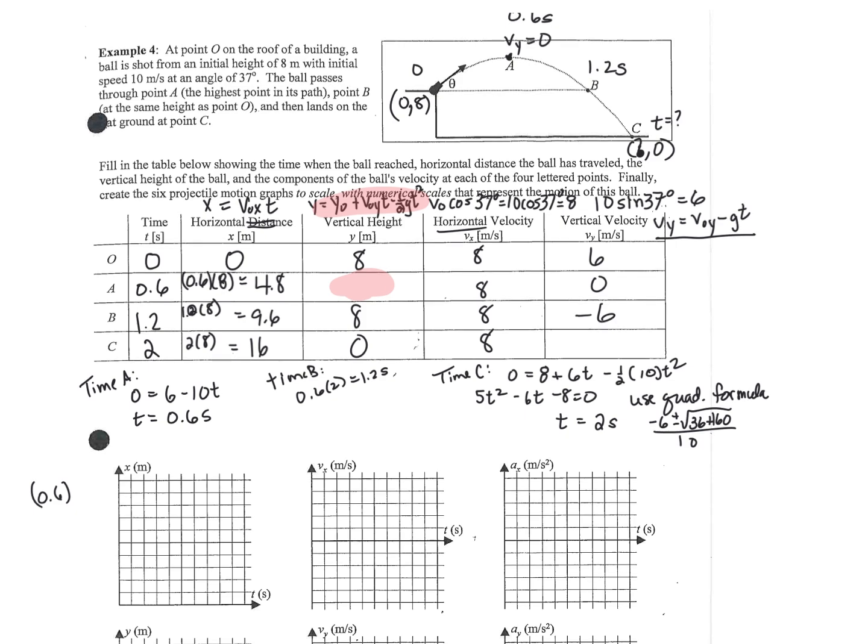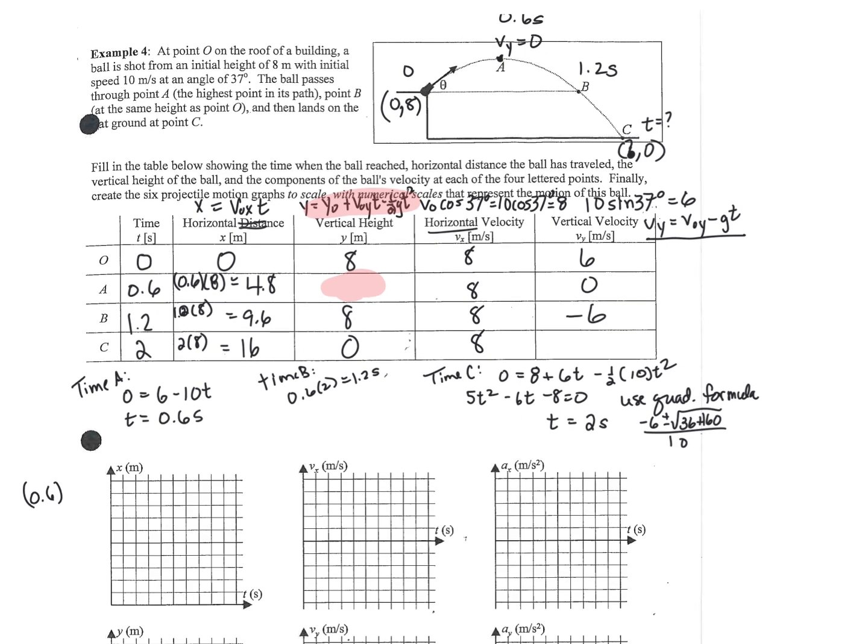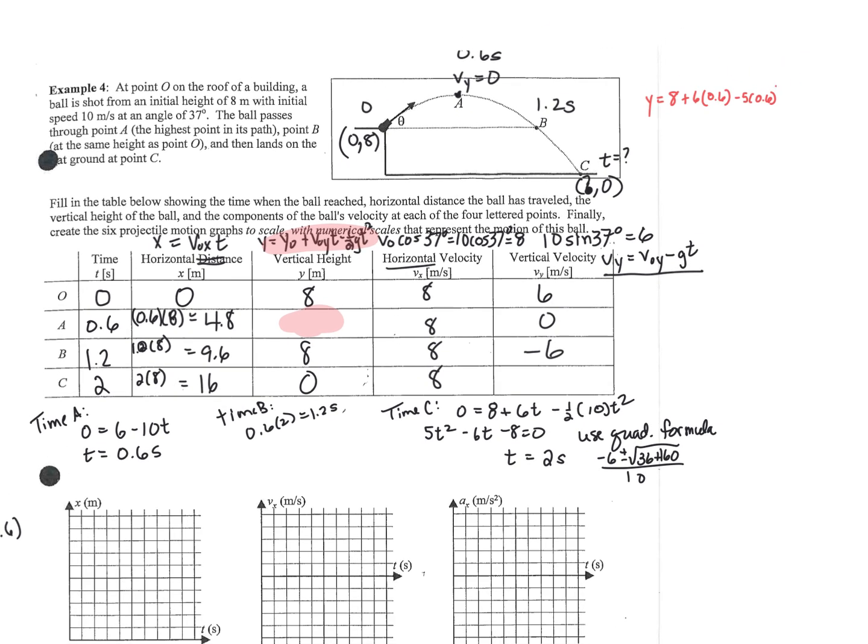V initial we know all of this now, don't we? So I'm going to come over here in red and say we want to know where it ends up. It started at 8, plus v initial was what? Vertical velocity was 6, times the time here is 0.6 seconds, minus 1/2 gt squared, so that'd be minus 5 times 0.6 squared. I took half of 10, guys, and got 5. And we are going to end up with approximately 9.8 meters. So this is going to be 9.8 meters.